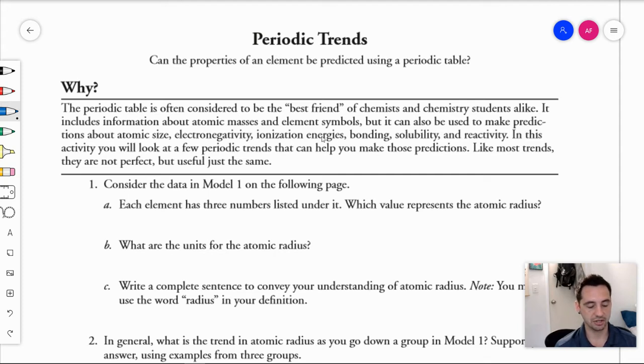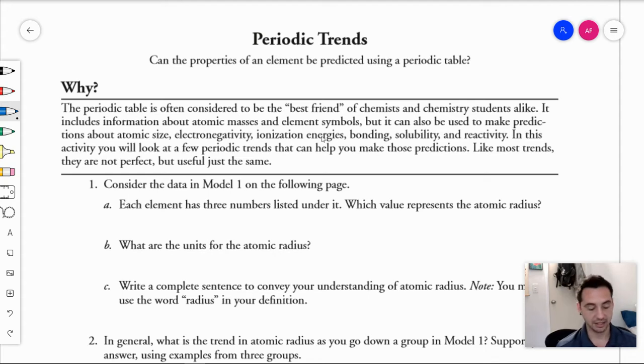Okay, it includes information about atomic masses and element symbols, but it can also be used to make predictions about atomic size, electronegativity, ionization energies, bonding, solubility, reactivity. Okay, in this activity, we'll look at a few periodic trends that help you make those predictions. Like most trends, they are not perfect, but useful just the same.